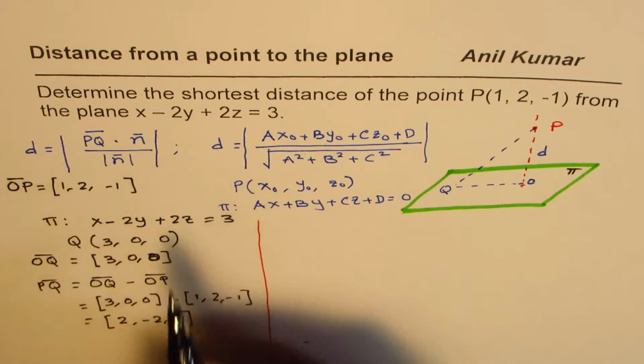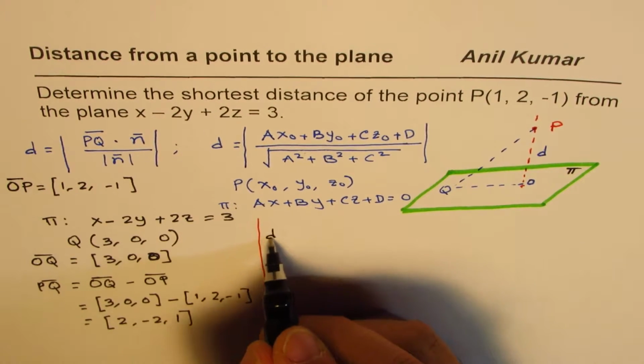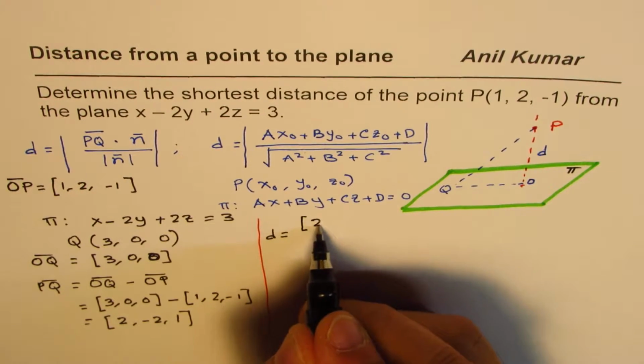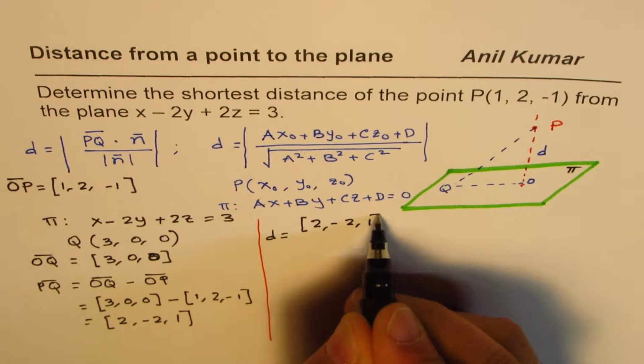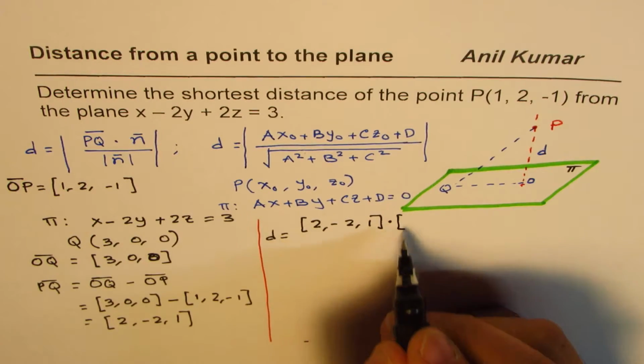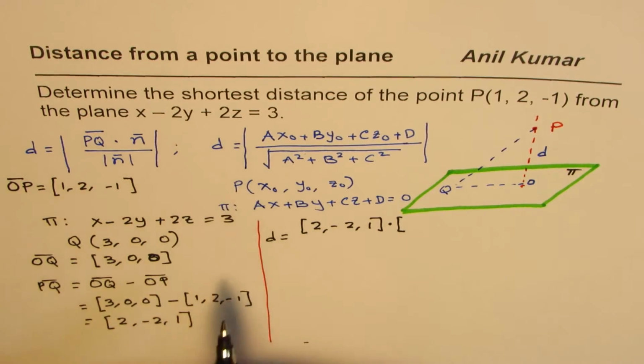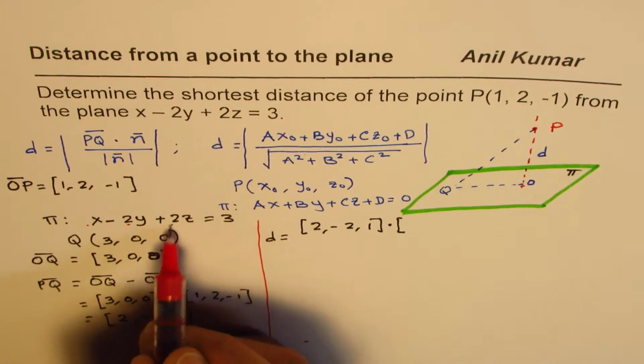So distance D is equal to PQ, which is 2, minus 2, 1, dot N. For us, you can read the normal from the equation of the plane. When you are given the plane here, these coefficients give you the N value.